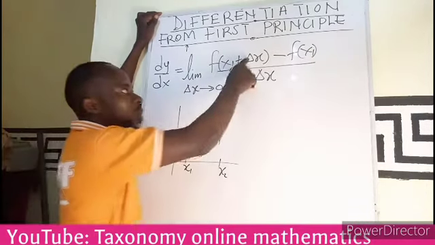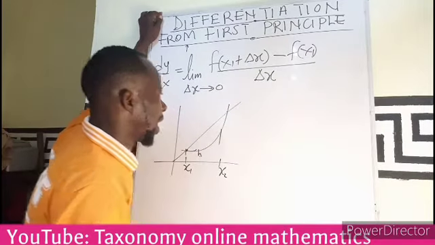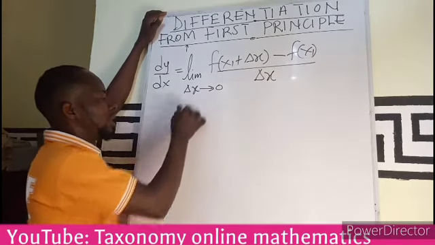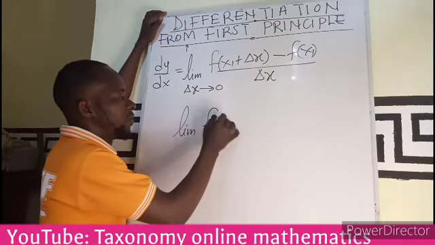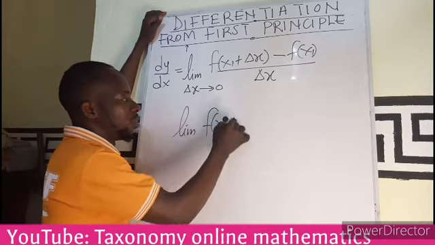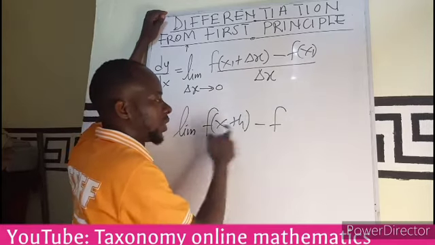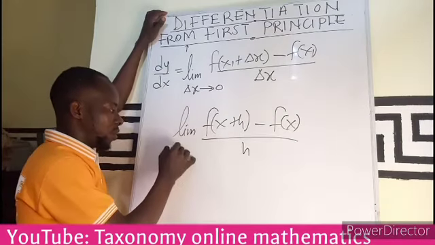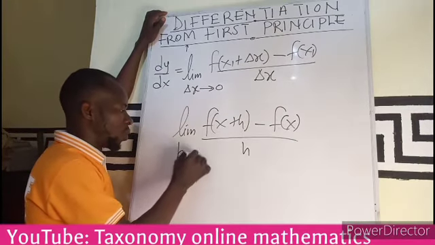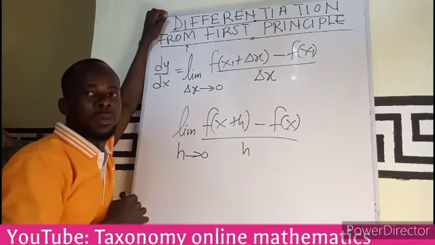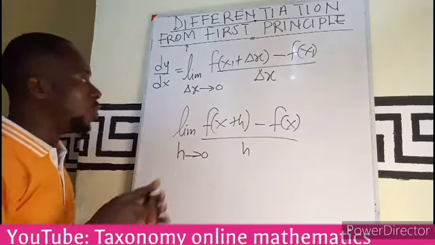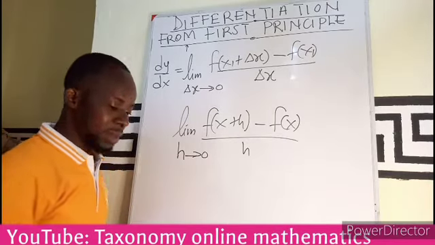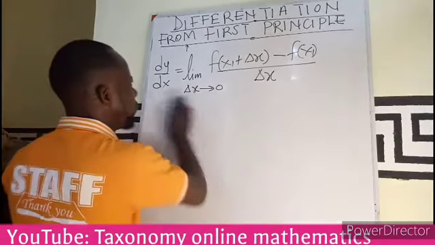H. It means I can also substitute that to become another function: the limit of f(x naught plus h) minus the function of this, all over h, while h is also approaching what? 0. So these are the two formulas we can use for differentiation by what? The first principle.